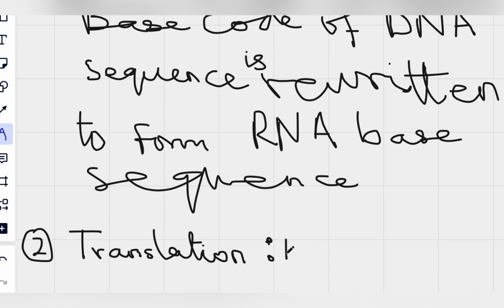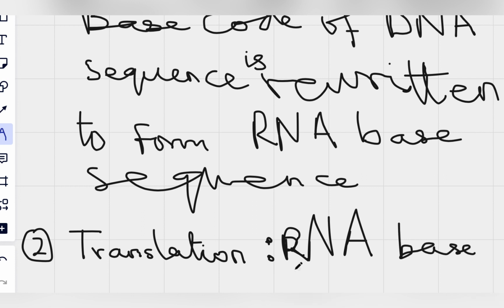So the process whereby the RNA base sequence, let's make the R also big to compensate for the big N, joins to form a series of amino acids.